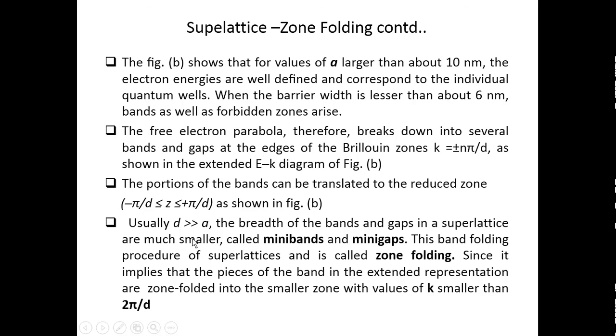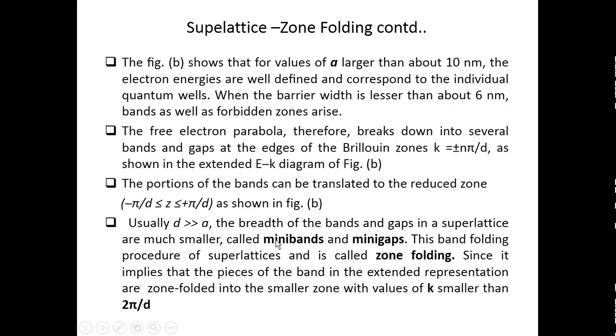So this formation of mini bands and mini gaps at the edges of the Brillouin zones in the band structure of the decay diagram is called the band folding procedure or zone folding.